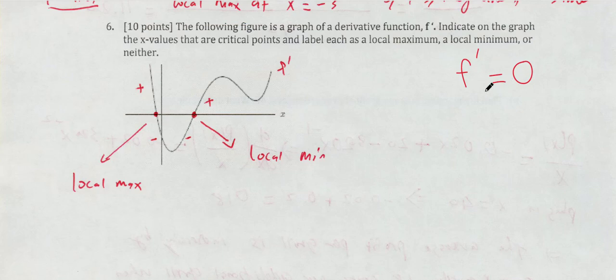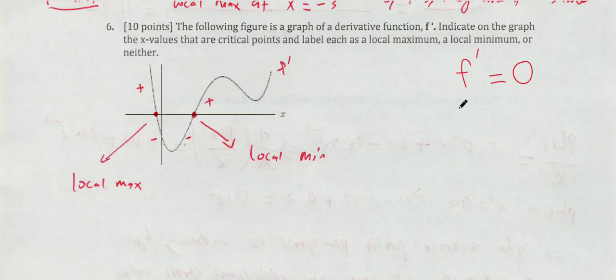This is the condition that we set earlier to find the critical points. So all we have to do is look for the location of x that makes f prime equal to 0. It is equal to 0 right here and here because the y value is 0, and that's why these two locations are the critical points.